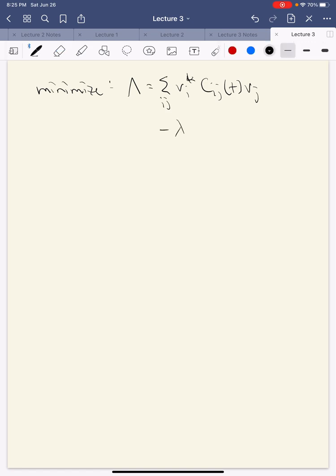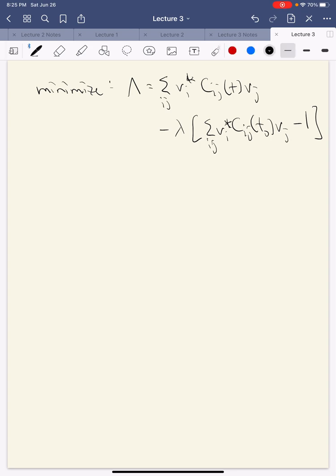So this is our Lagrange multiplier, and then we have our normalization condition. And we want to impose that this part is equal to 1, so this whole thing is 0 with this Lagrange multiplier.